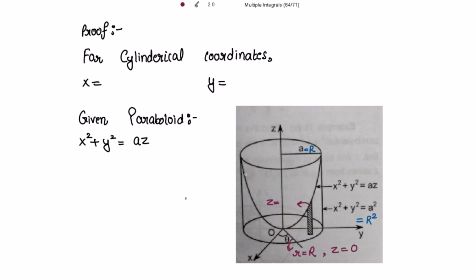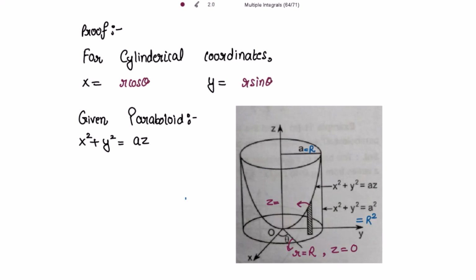And this is your paraboloid with equation x² + y² = az. In the xy plane, the z is 0. And this is your small r. So we are going to use the cylindrical coordinates here, where x is r cos theta and y is r sin theta.